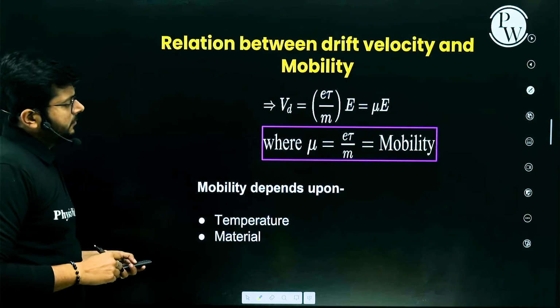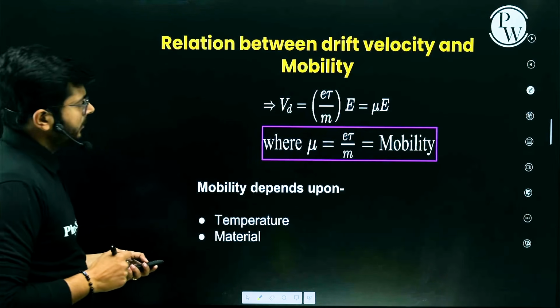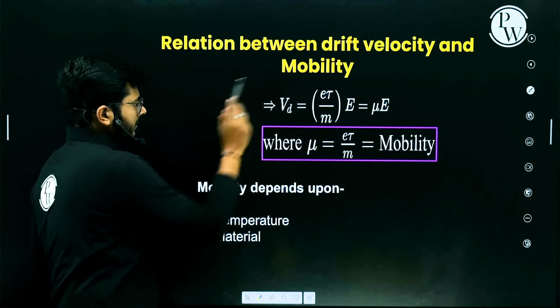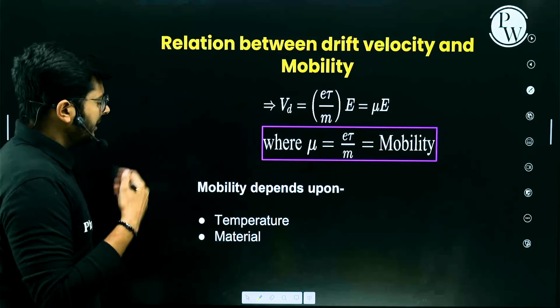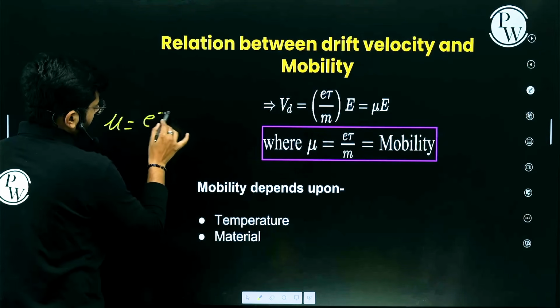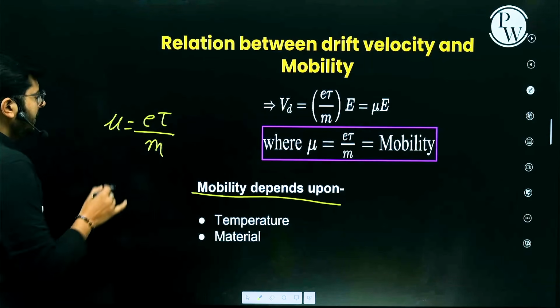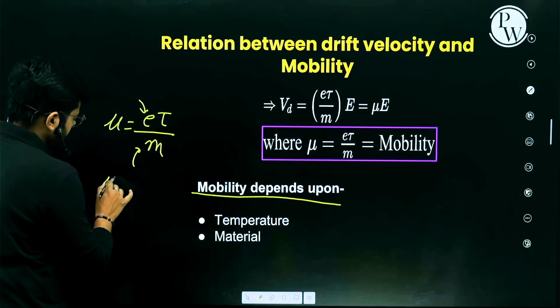All right, so this is it. Drift velocity is mobility into external field. So mobility depends upon this particular thing, which is called tau. Now think about it. Mobility is e tau upon m. What are the factors that will affect the mobility? We can say the charge and mass of the electron cannot be changed.